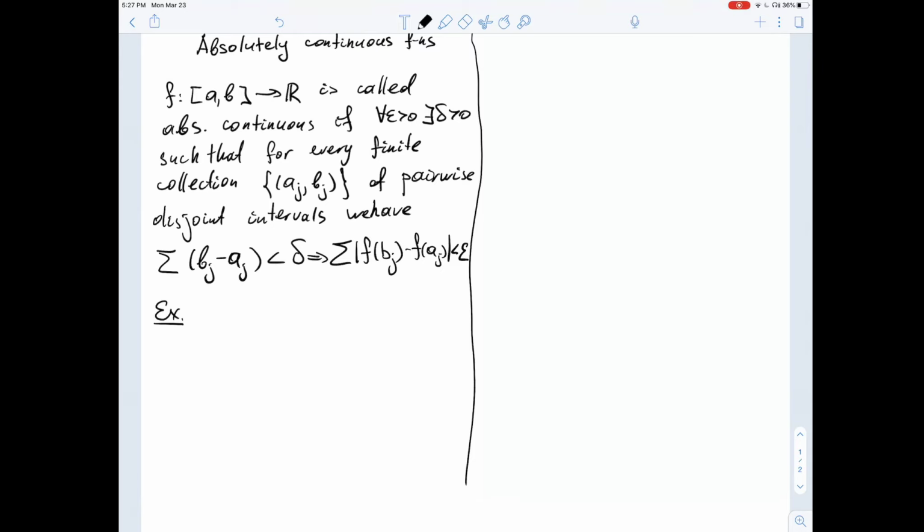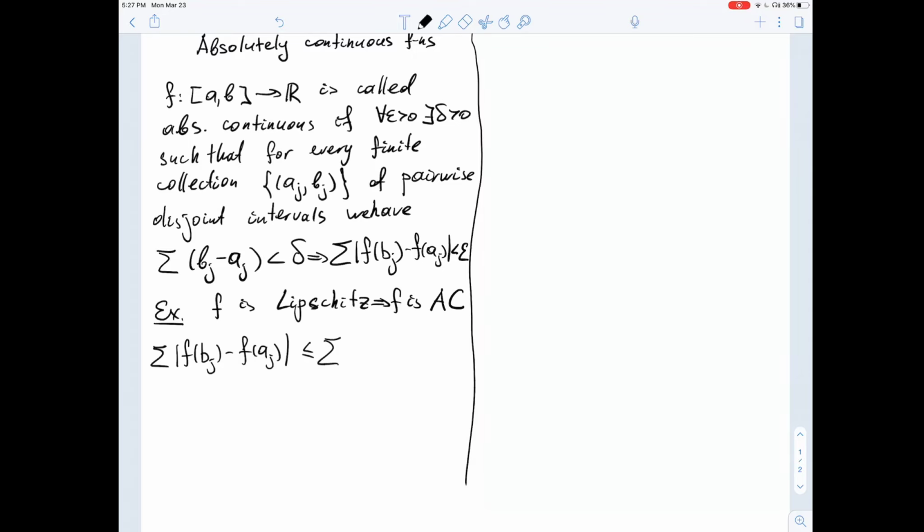So example, if f is Lipschitz, then it's absolutely continuous, and we will abbreviate it to AC. Why is that? It's because the sum of f of bj minus f of aj is less or equal. And what does Lipschitz mean?